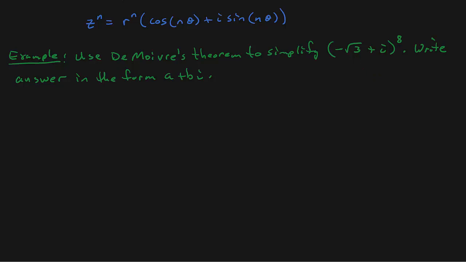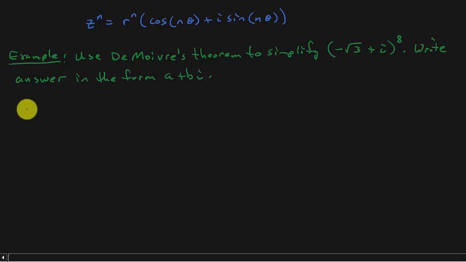All right, so we need to find r. Remember, r is the square root of a squared plus b squared. So a is negative square root of 3, and b is 1. Negative square root of 3 squared is 3, plus 1 is 4.